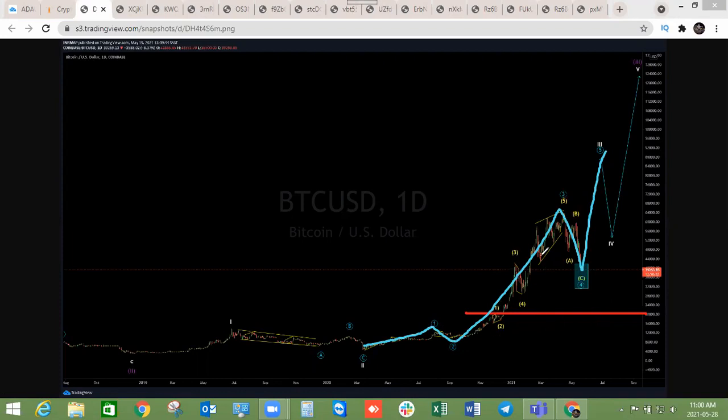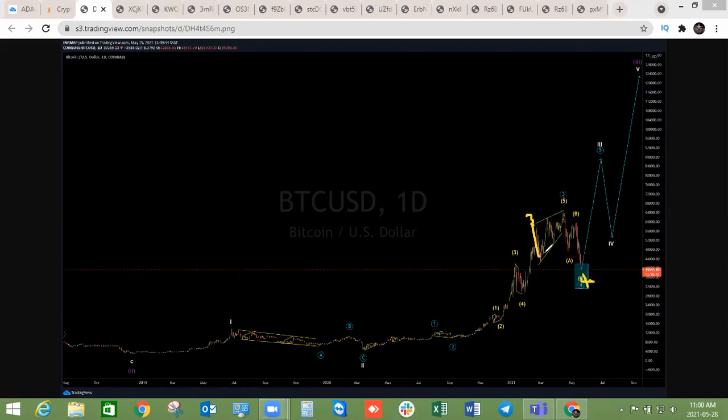1, 2, 3, 4, 5. This one has already completed the structure. Initially, we had looked at this. So here was another alternative, that this is actually the wave 4 here. Wave 3 and the 4.